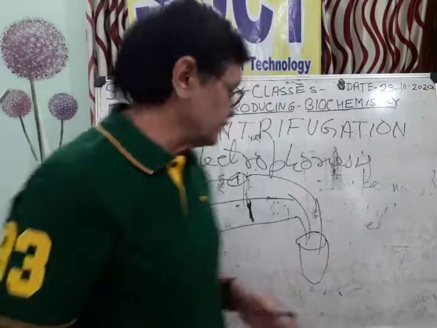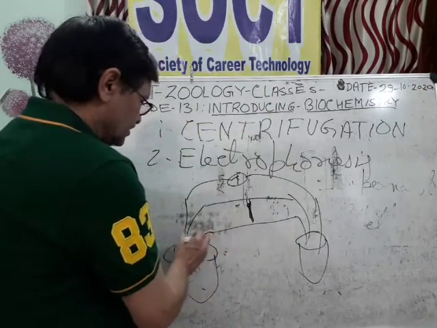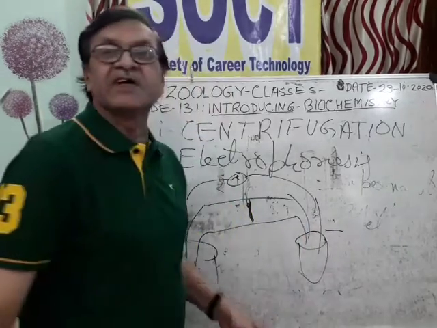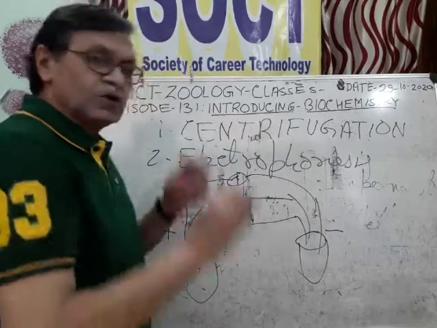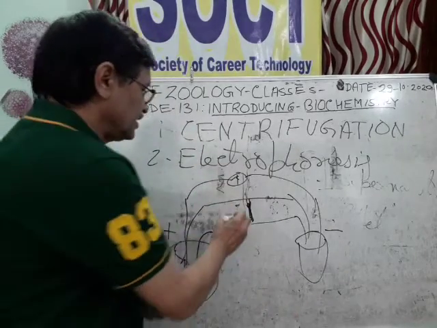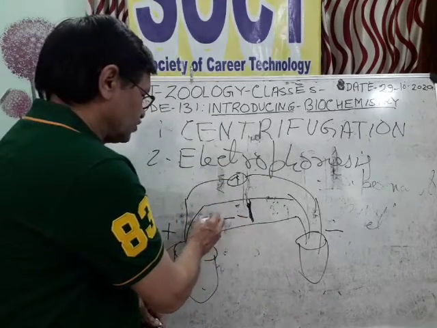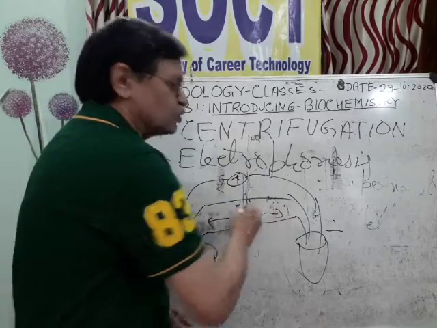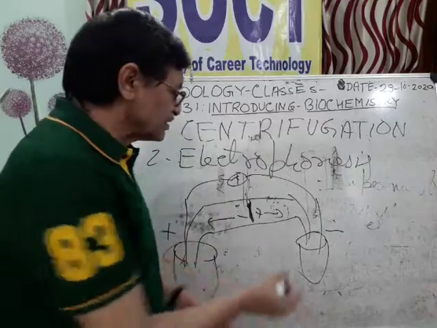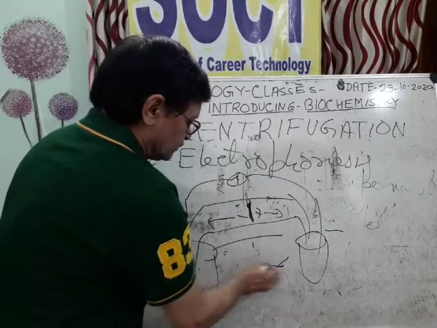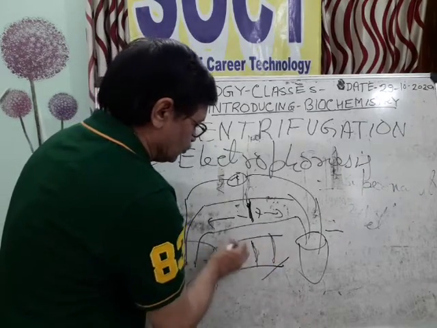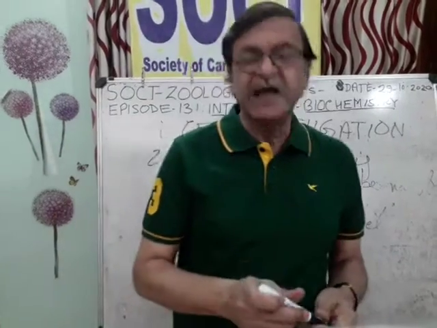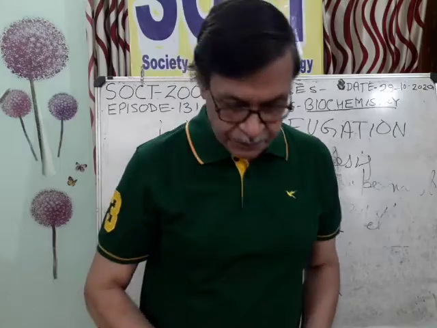So what happens? This is a positively charged area, this is the negative electrode. Those molecules which have a negative charge will migrate towards this end. Those which have a positive charge will migrate towards this end. So after some time, the molecules will get separated and can be removed from each other and analyzed chemically.